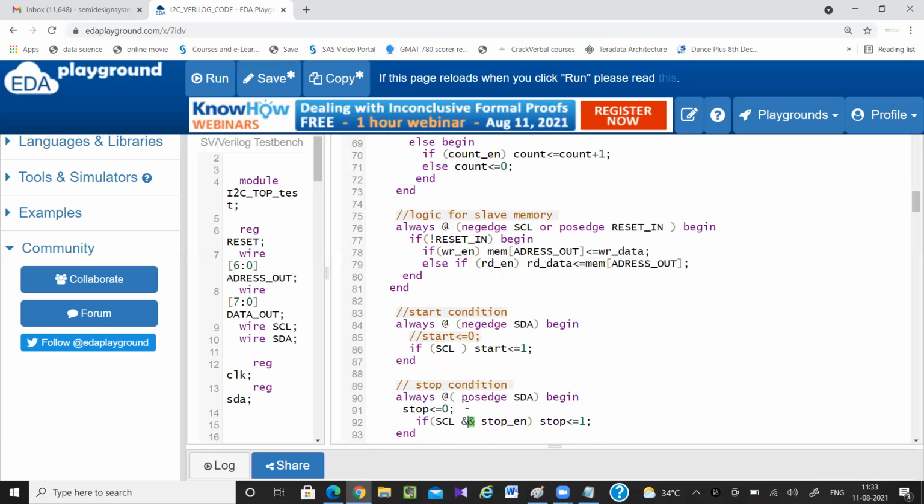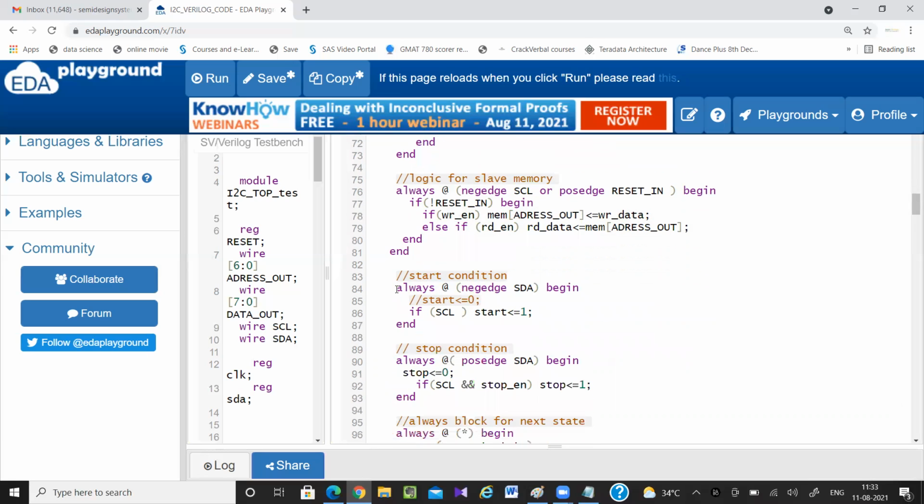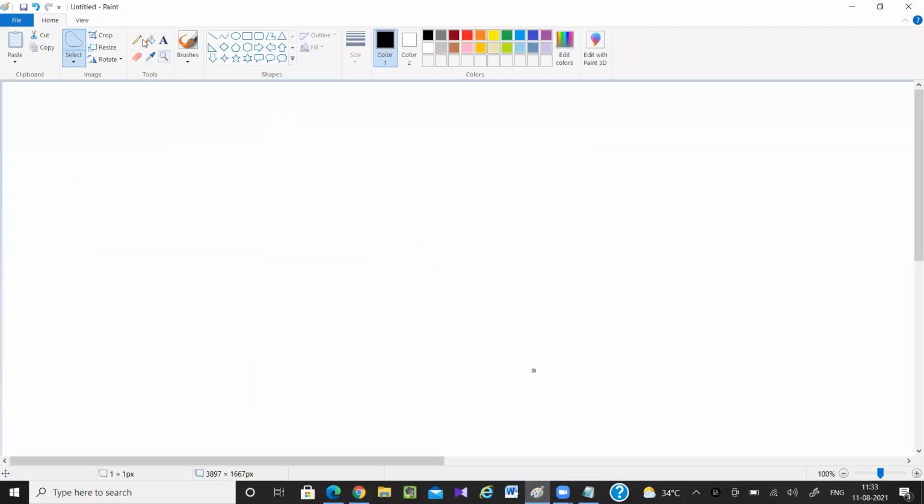Now the start condition. Start condition means always at the negedge of SDA. This is my SCL. My SDA should go from high to low.